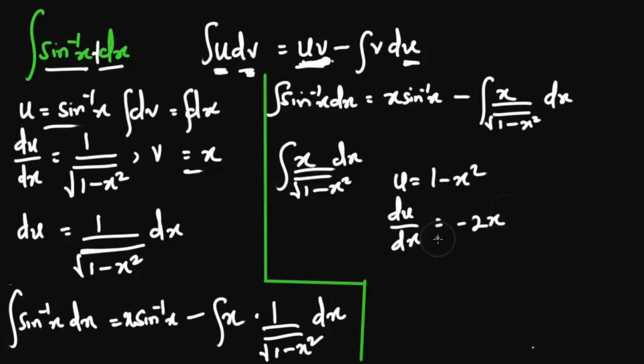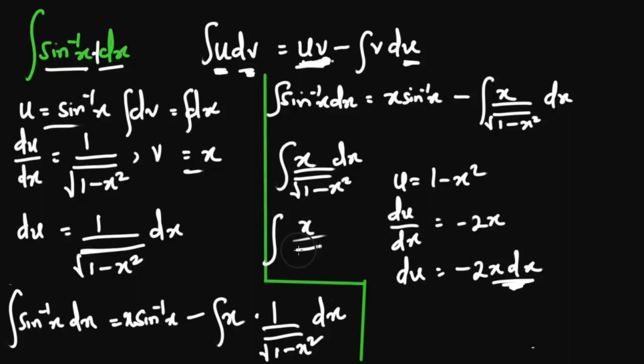So this should be able to help me, right? So let's see, if I cross multiply, du is going to be what? Minus 2x dx. So I have x dx, which I also have here. So this can work.